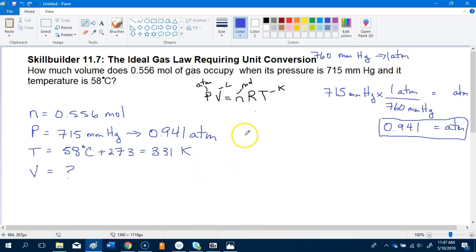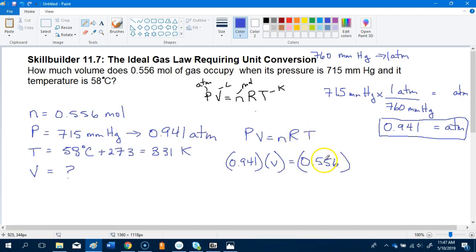So I'm going to have PV = nRT. My pressure is 0.941. I don't know my volume, so I just keep that as the variable. I do know my amount. It's 0.556 moles.